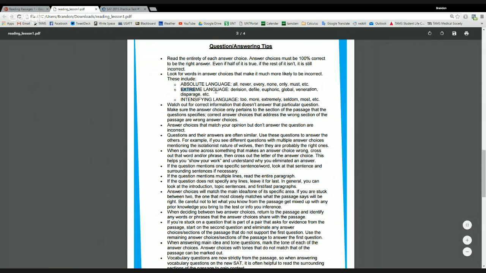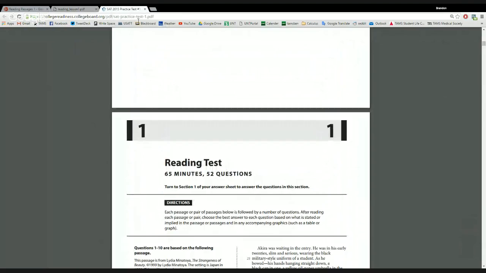The SAT usually doesn't like to have correct answers that are too critical or harsh, or whose language is too absolute or extreme. So if you ever find these in the answer choices, they're probably incorrect.